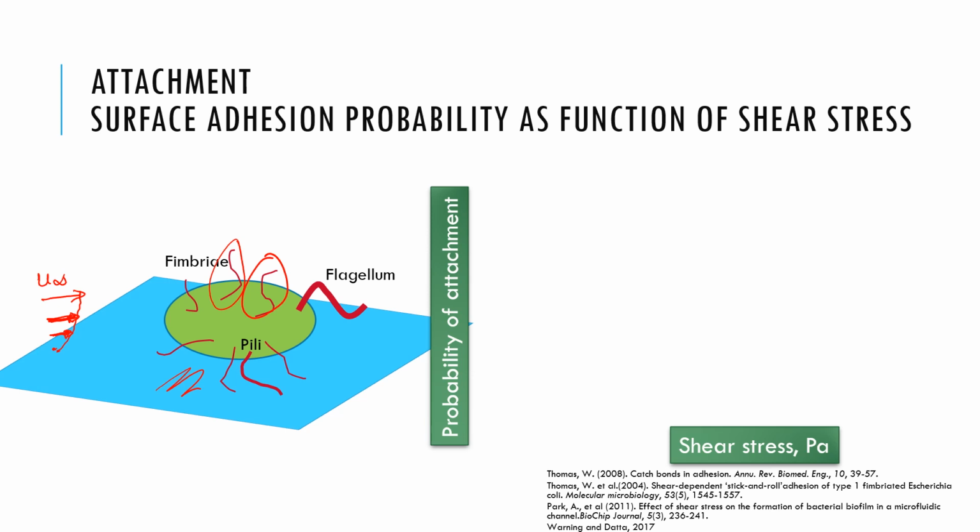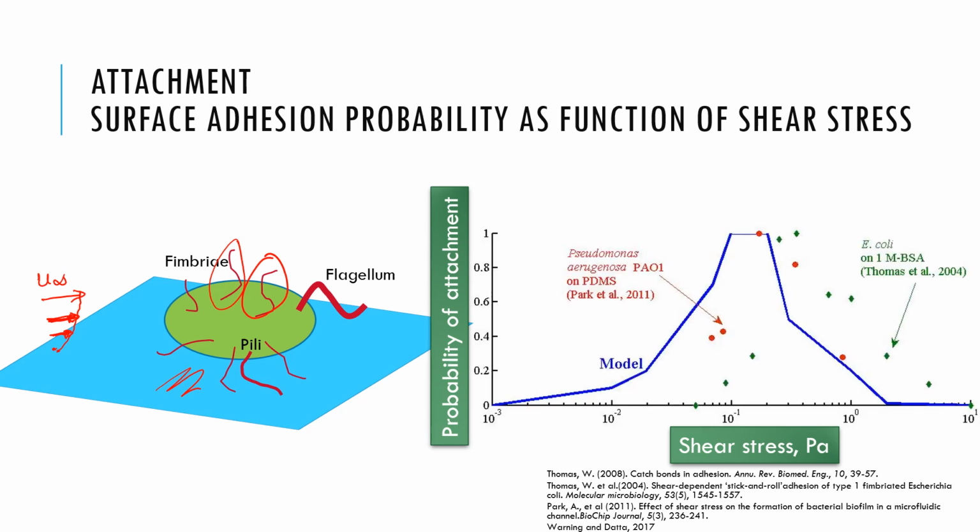And so here is a composite of some of the studies, in a very quick few second introduction. This probability of attachment is small initially. Why? Because at very low shear stress or very low shear rate, there are catch bonds that are weaker, and the particle would simply roll and not adhere.